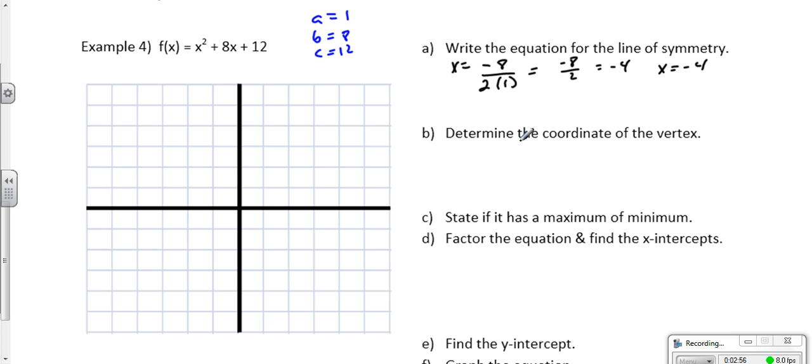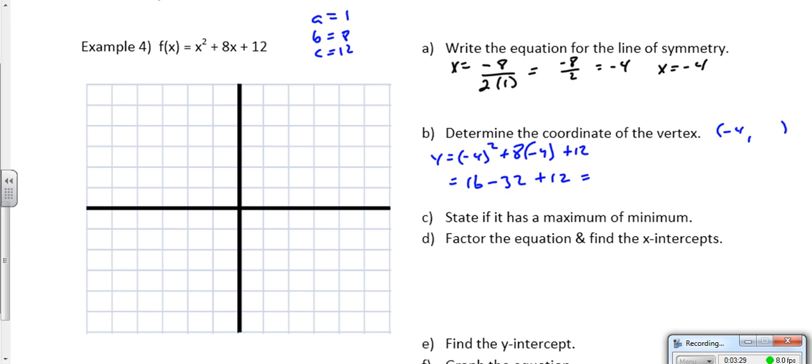Determine the coordinate of the vertex. Okay, so we know that the vertex is a coordinate, and we know that the x is -4. So now I'm going to plug in -4 into the equation. -4 squared is a positive 16 minus 32 plus 12 equals, and this would give us a -4.